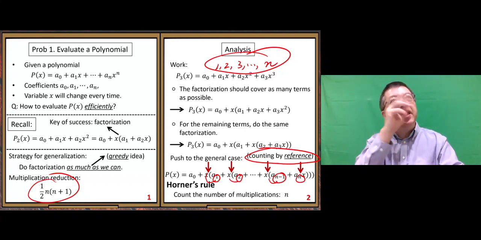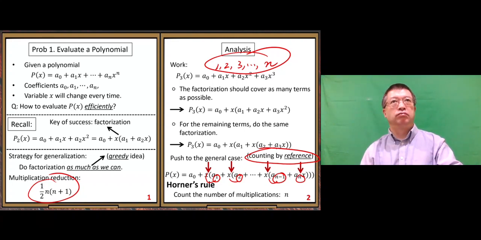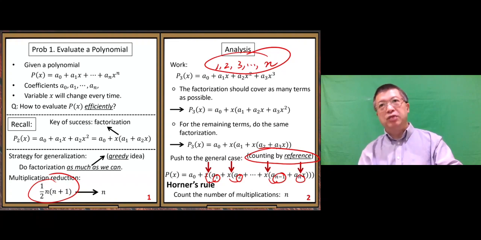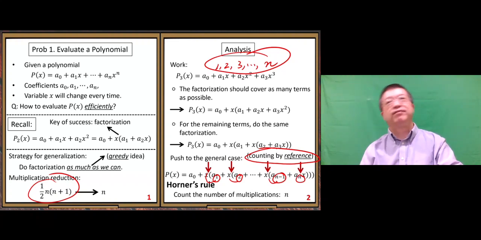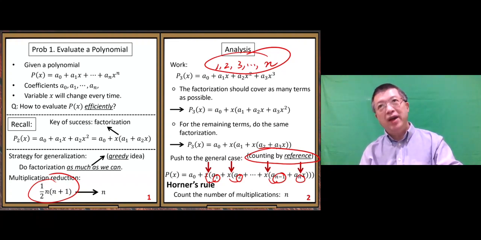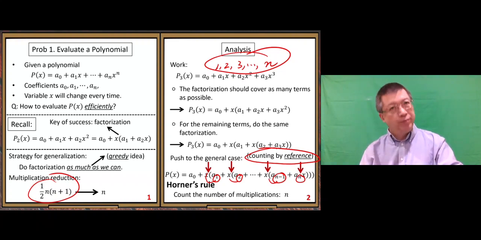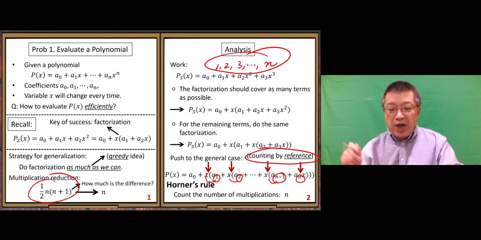It is a quadratic formula. After the reduction, just n. Just n. Is that big? Think by yourself. Is that a big improvement? Right? How much is the difference?